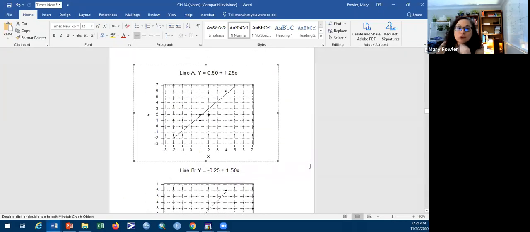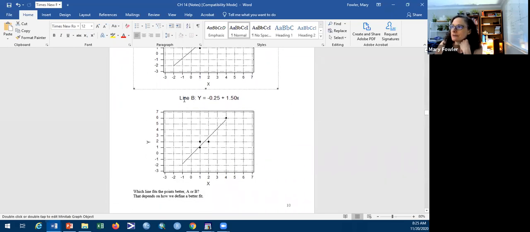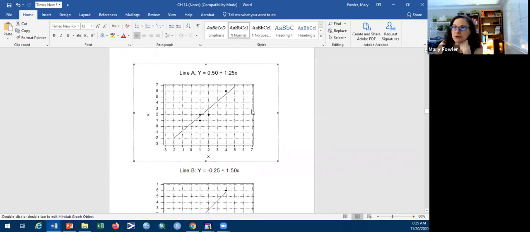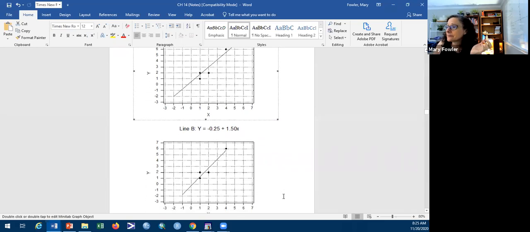So I show you 2 candidates, okay? We have candidate A, which is line A, and we have candidate B, which is line B right over here. I have these lines drawn on the graph, and I'd like you to take a minute and look and see which one you think fits better, because they're both in the middle of all the data.